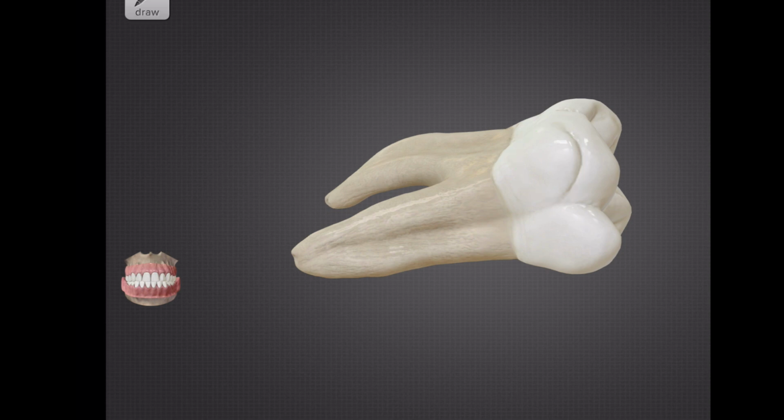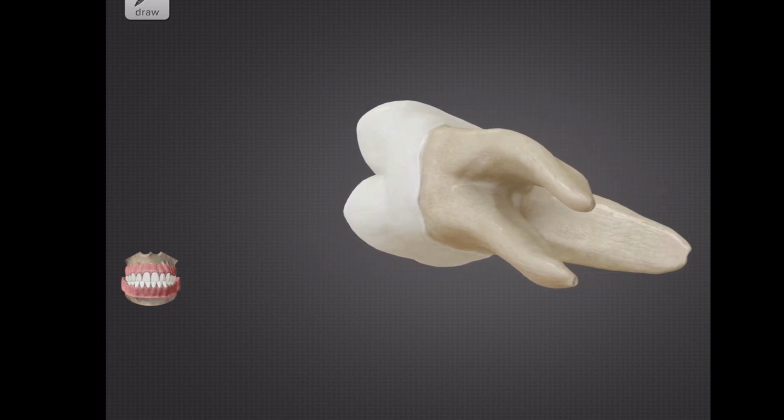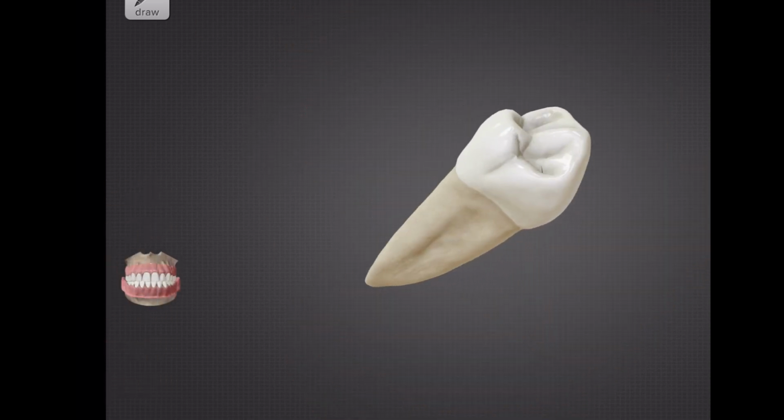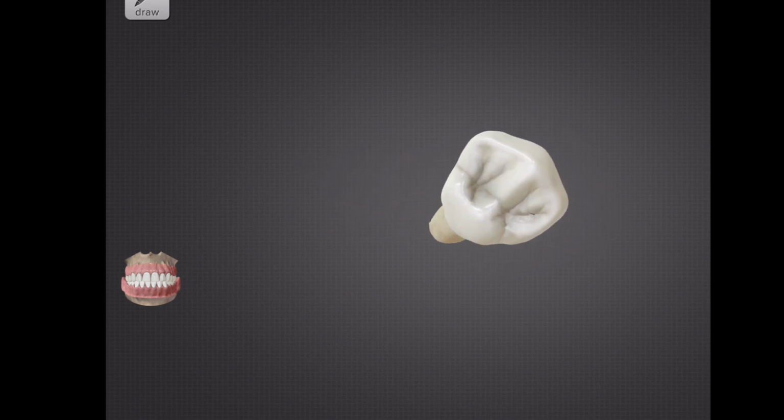So next one is your ridge. A ridge is a linear elevation on the crown defined according to its shape or location. Let's check on the occlusal surface of your mandibular premolar. Let's go to figure A, the proximal or marginal ridge.